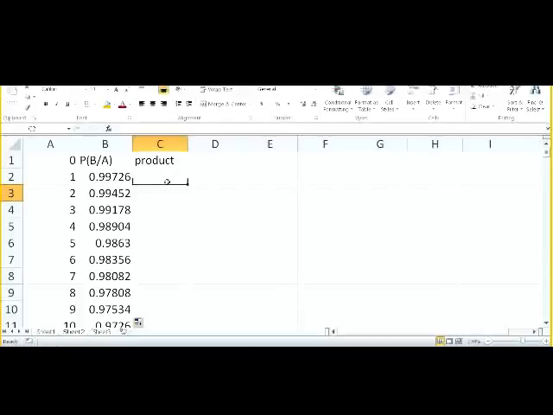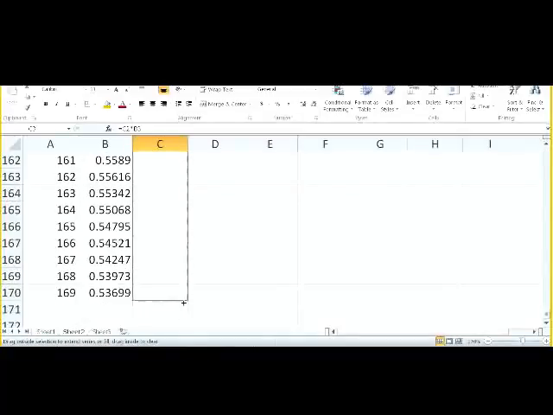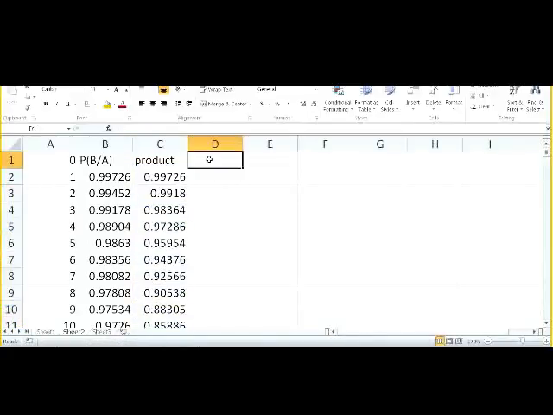And to get the cumulative probability, you take the original probability, which is this one, and multiply it times the probability in the next step of the process. If I copy that equation all the way down, I then take this number and subtract it from 1 because it's a complement.